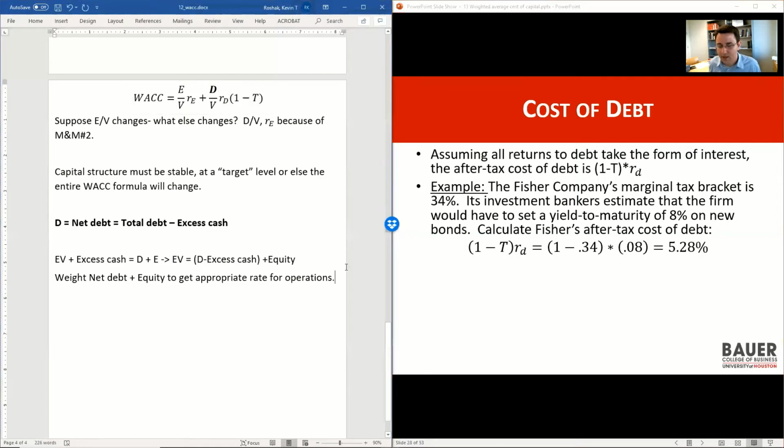Now, the question, the finer details here, is when is yield to maturity a good measure of RD? RD is what the bondholders need. The yield to maturity is the return when the company does not default. So it's going to be a good approximation as long as the company is pretty stable.